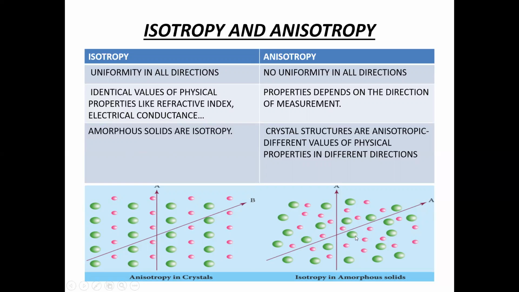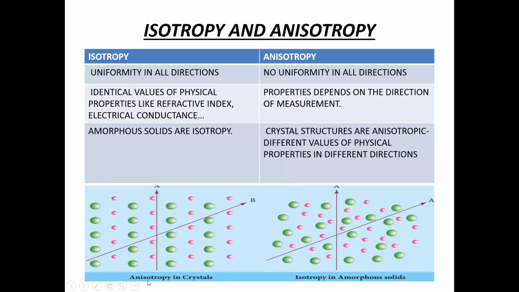See the picture now. When we pass light through the isotropic material, we get the same values. While passing in this direction, we get one value. Again passing the light through this direction, we get the same value. So we get uniformity in all directions.